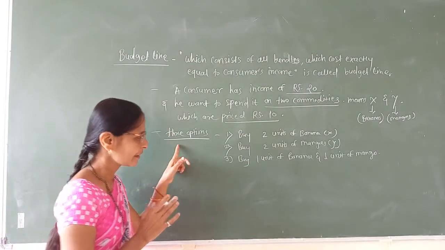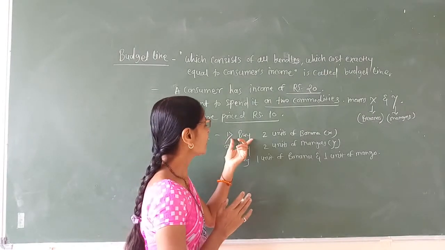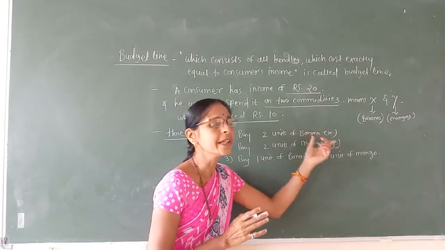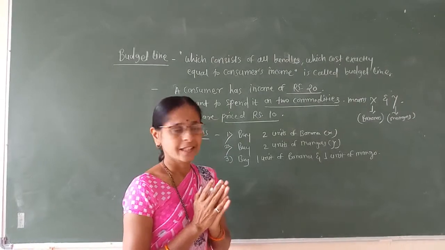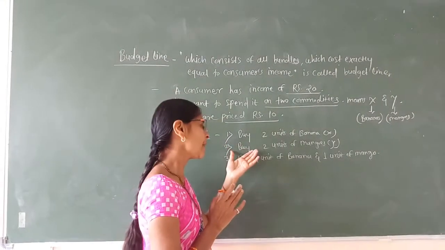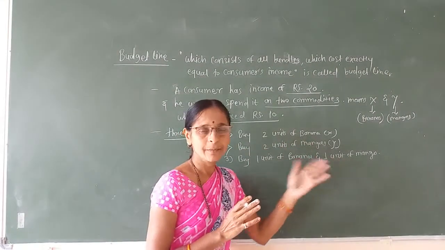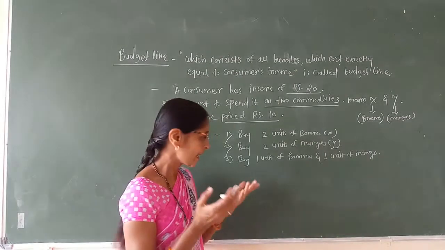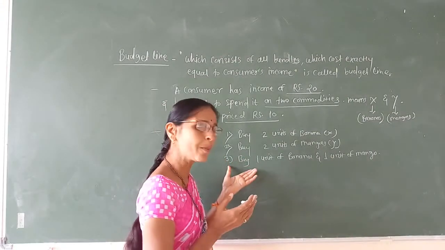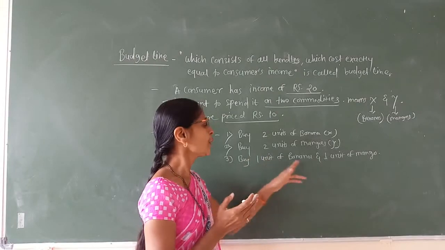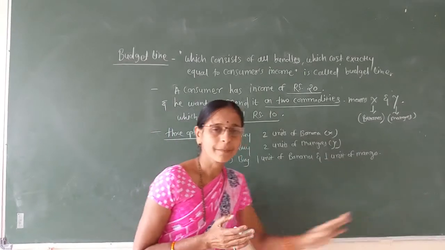First, the consumer can buy 2 units of banana. Second, he can buy 2 units of mangoes, and he can also buy 1 unit of banana and 1 unit of mango.